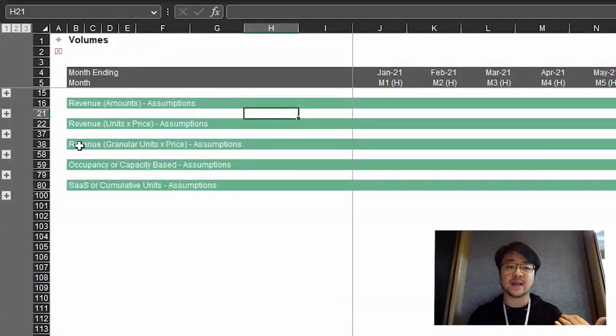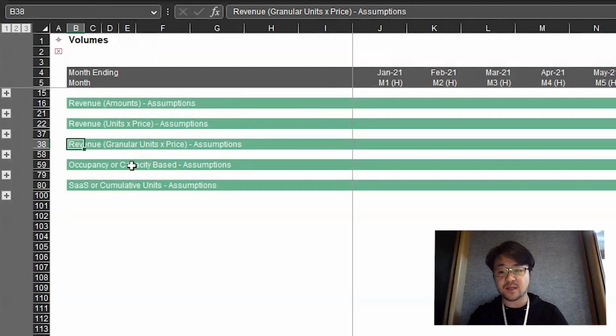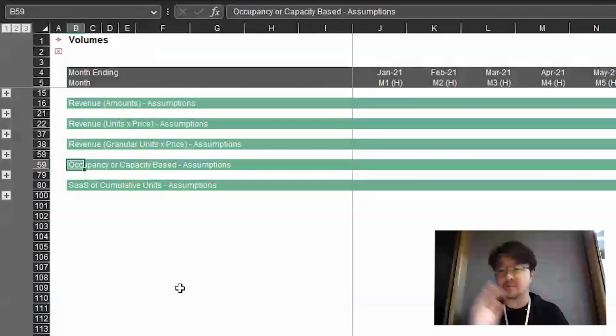We're going to then look at granular units and prices, breaking out the units, and look at some different ways of addressing units. A common one is occupancy, so hotels, healthcare, aged care, general practice, dental, where there's a capacity limit which defines what the revenue might look like.